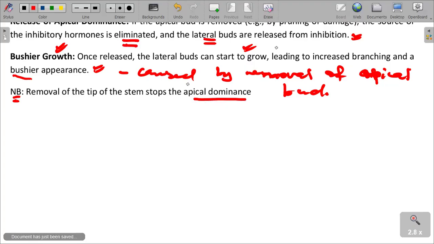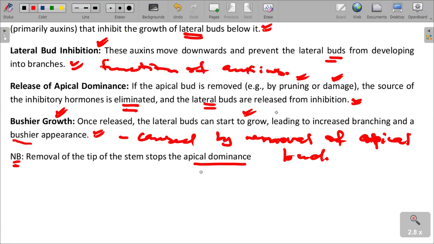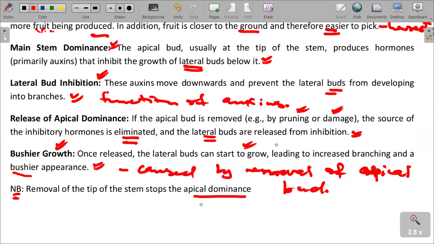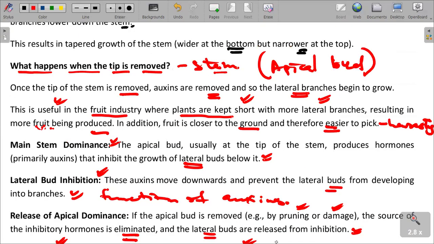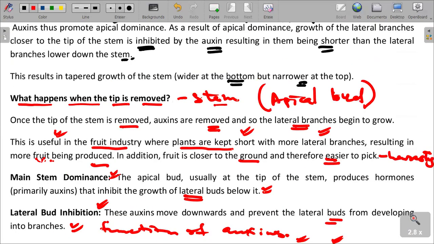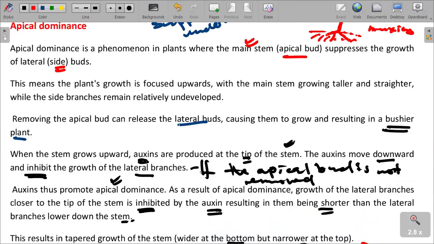Class, I hope that this has made quite good sense to you. It's just a small concept, but very relevant when it comes to plant growth hormones. You need to keep in mind that this is a small concept in its own sense, but it is quite relevant and important when it comes to plant response to the environment.